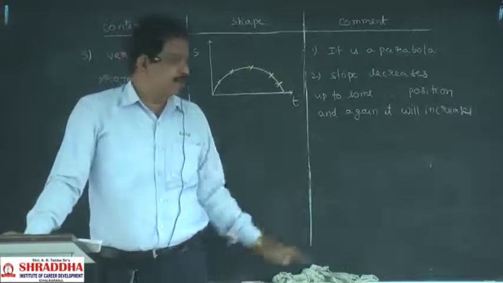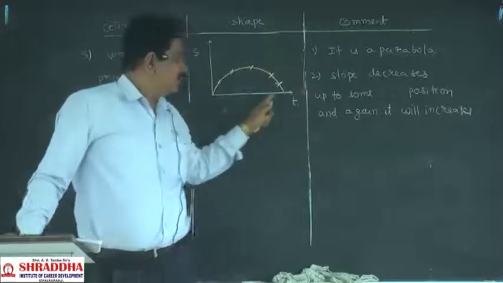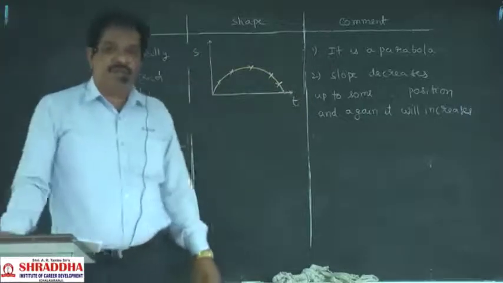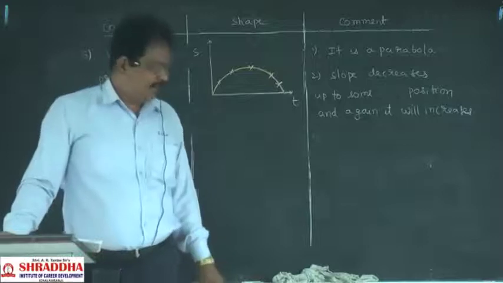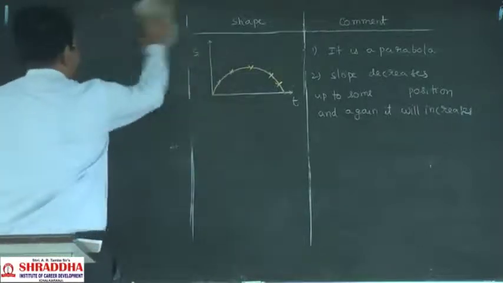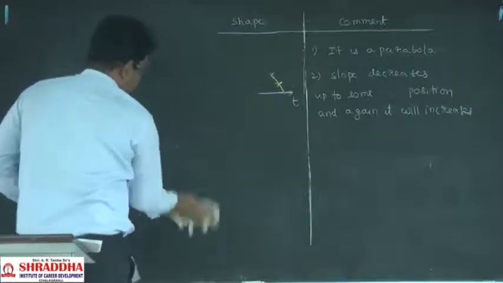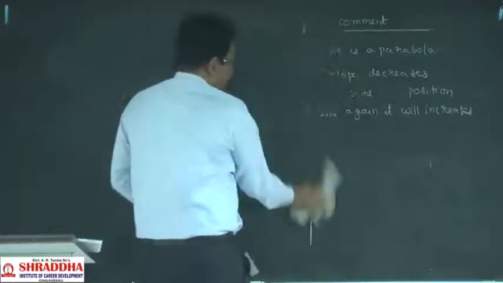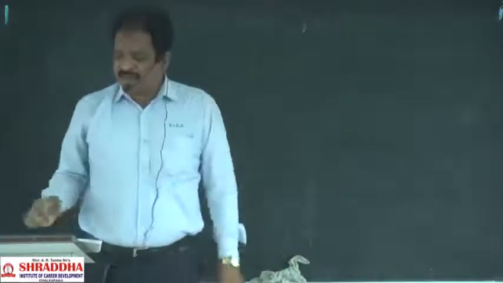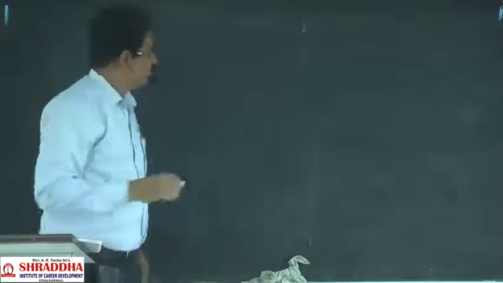For a vertically projected body, the graph shape will be like this. Clear? Next. What is meant by velocity time graph? By taking some values and drawing the graph, you can easily understand the graphs. Next.